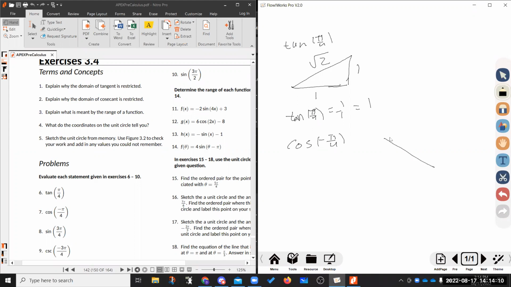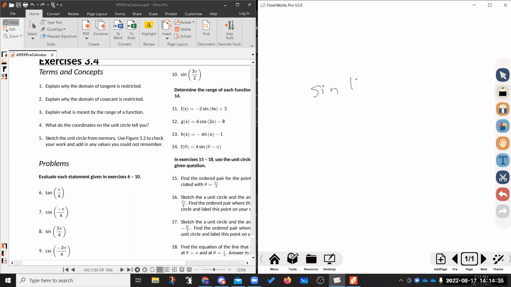Negative pi over 4 is going to give me a pi over 4 reference angle here. And this is going to give me negative 1, 1, root 2. My cosine is going to be adjacent over hypotenuse. So I'm going to rationalize and make that root 2 over 2.